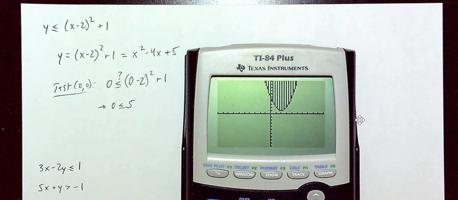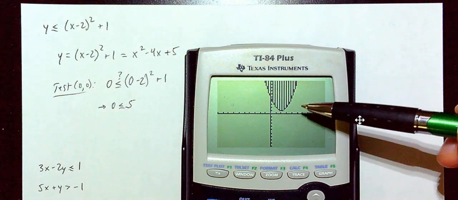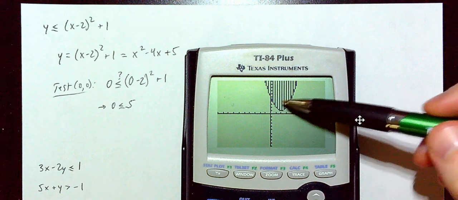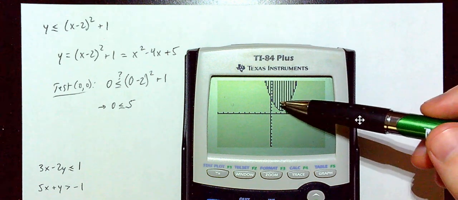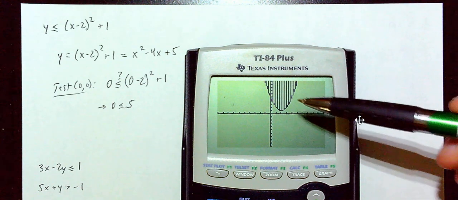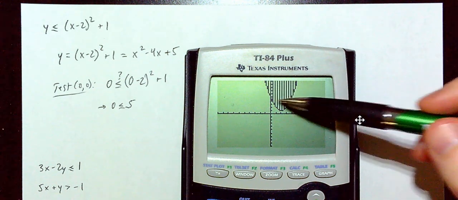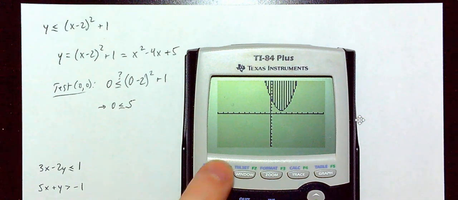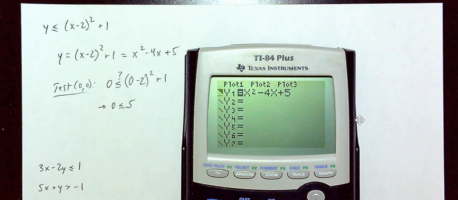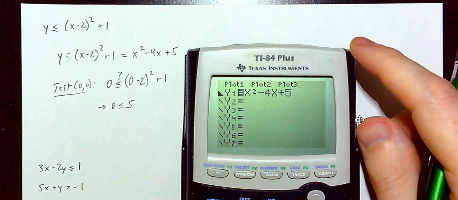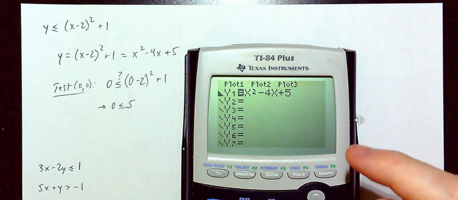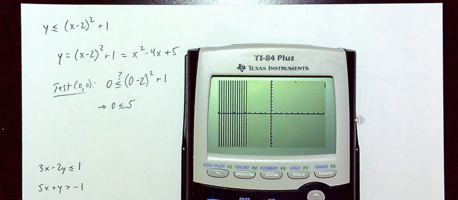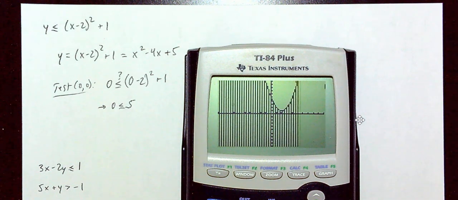Okay, so that option is filling in everything that lies higher than this curve, but that doesn't contain 0, 0. So this isn't the option we want. We want everything else out here. So I'm going to go back to my options, and I'm going to choose that lower piece, everything that's underneath my curve. And there you go. That's the piece that we want.